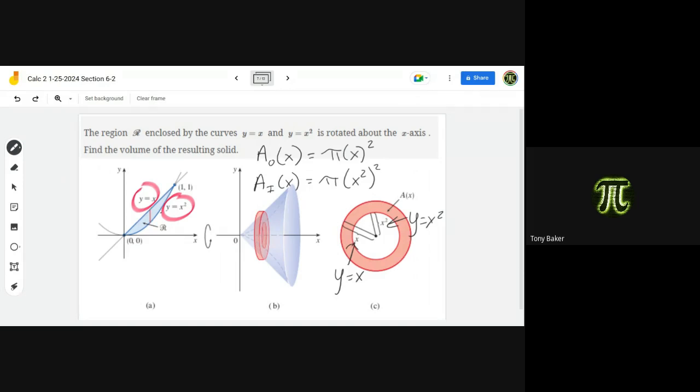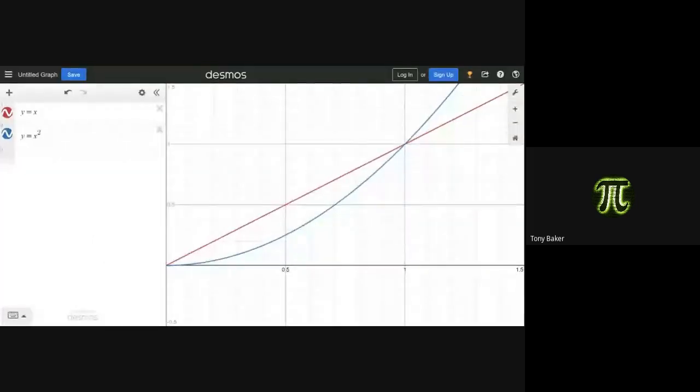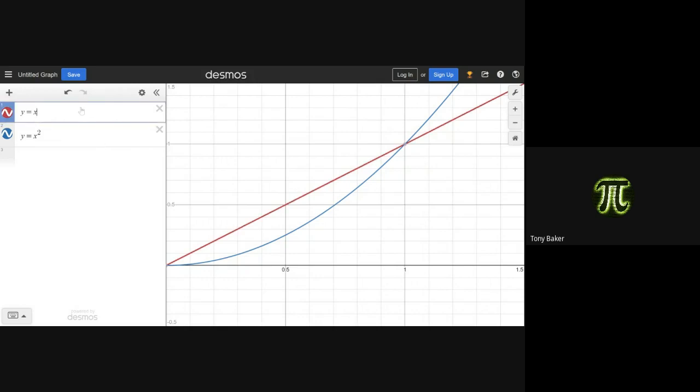So this is the area that I'm looking at. I'm looking at this space in here, and I don't think I'm going to be able to shade the correct thing.